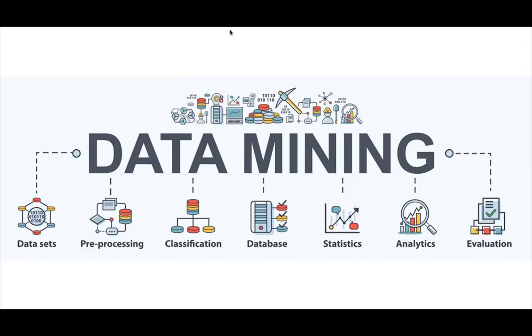You mine your data based on the company's objectives. So what the company needs is what is going to guide you in mining your data to make decisions.